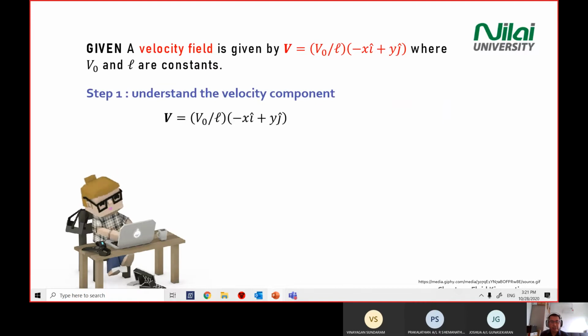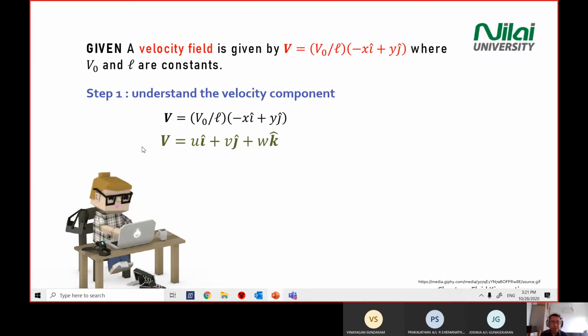Then you know that you can break your velocity equation into U, V, and W. And of course, you write the general form of the velocity first. So the general form of velocity is given by V equal to U i hat plus V j hat plus W k hat.